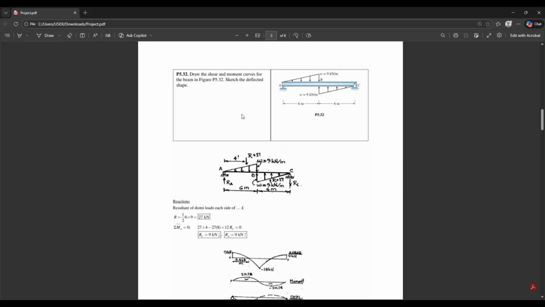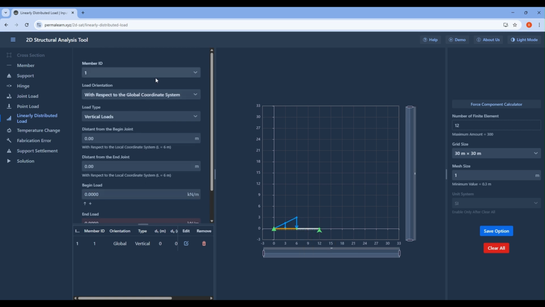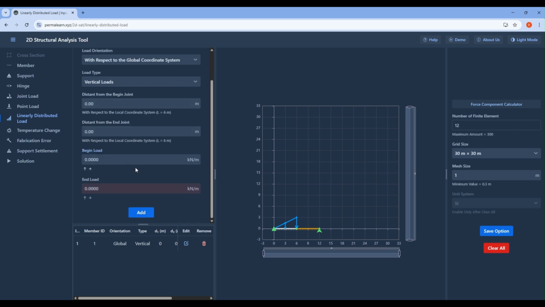And since our load is starting from the begin point to the end point, we don't need to input this number and also this number. So the begin load is 0 and the end load is -9. So we can get this distributed load. And for member 2, the same here, just the begin load is +9 and the end load is 0. So we can get this.